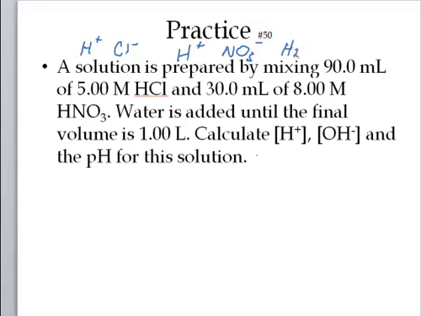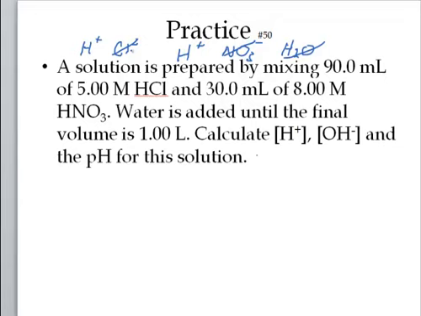Water's floating around, but you know the autoionization of water, 1 times 10 to the minus 7th, is the concentration for H from that. And it's not even going to be a factor. So water's not a factor, and typically it's not going to be. NO3 minus, the anion of a strong acid, is not a factor. Chloride, the anion of a strong acid, is not a factor.